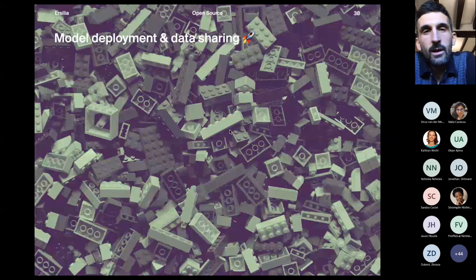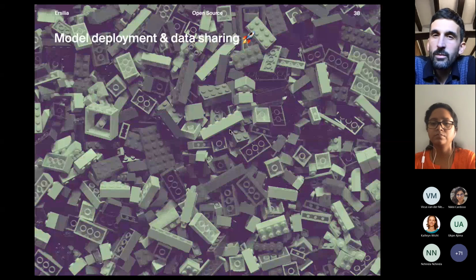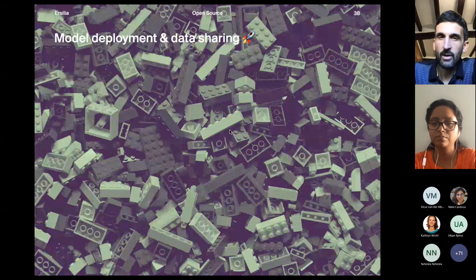Okay, this brings me to the last, I believe, interesting topic that is going to come, and we are going to see a lot in 2023 with AI applied to drug discovery, which is model deployment and data sharing. Why do I think it's interesting? Because we've had, quite honestly, an avalanche of startups, companies, even big pharmaceutical companies opening AI departments.